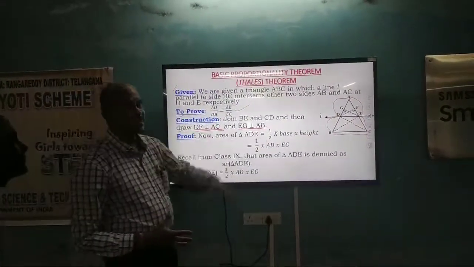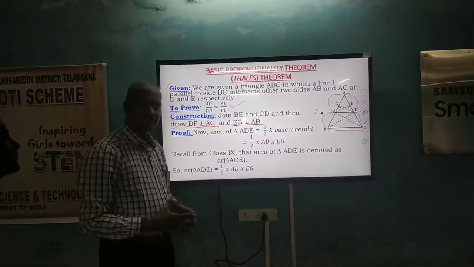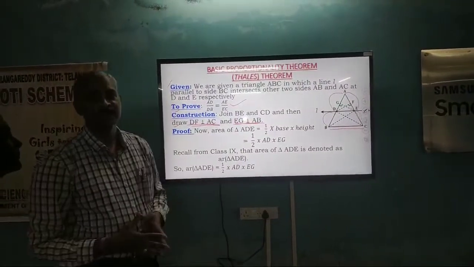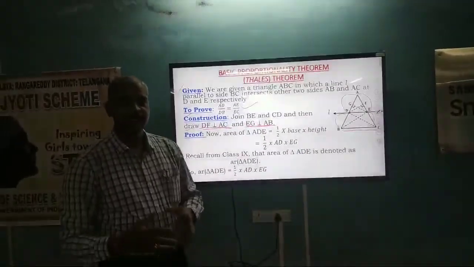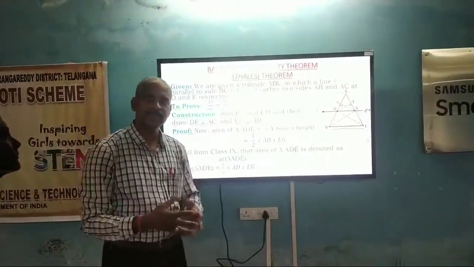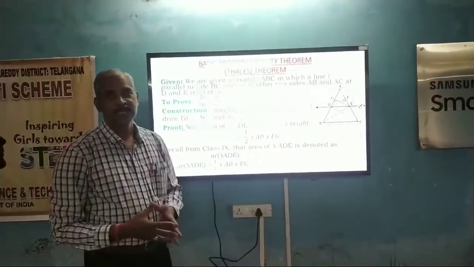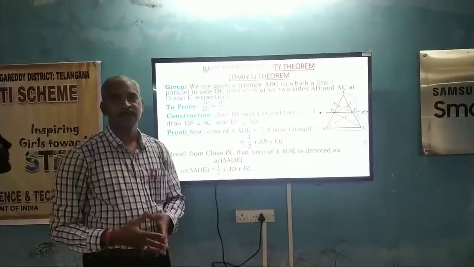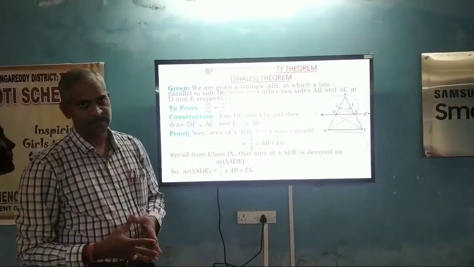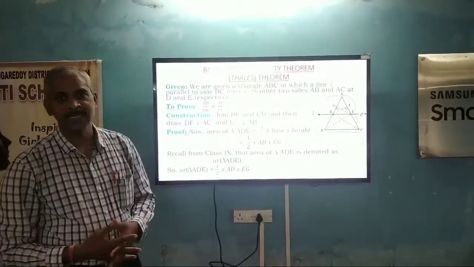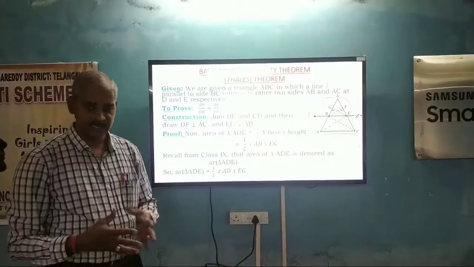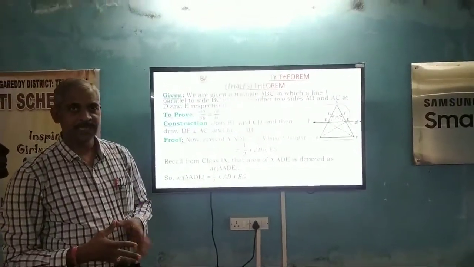To prove this theorem, we take the concept of area of a triangle. From class 6th or 5th onwards, we have been using this. In general, area of a triangle is half into base into height.